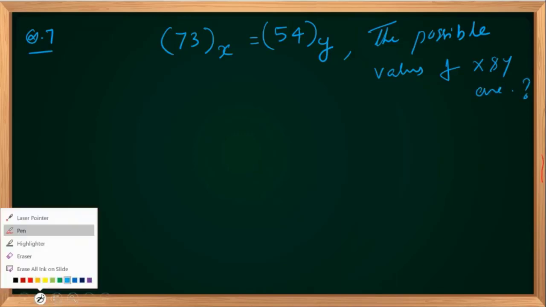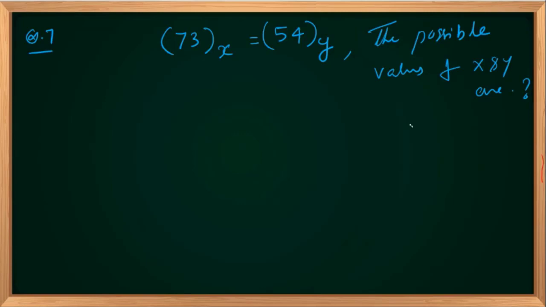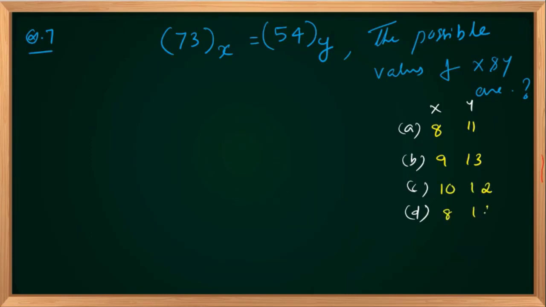Then the possible values of x and y are, four options: first option says 8 and 11, second option says 9 and 13, third one 10 and 12, fourth one 8 and 16.